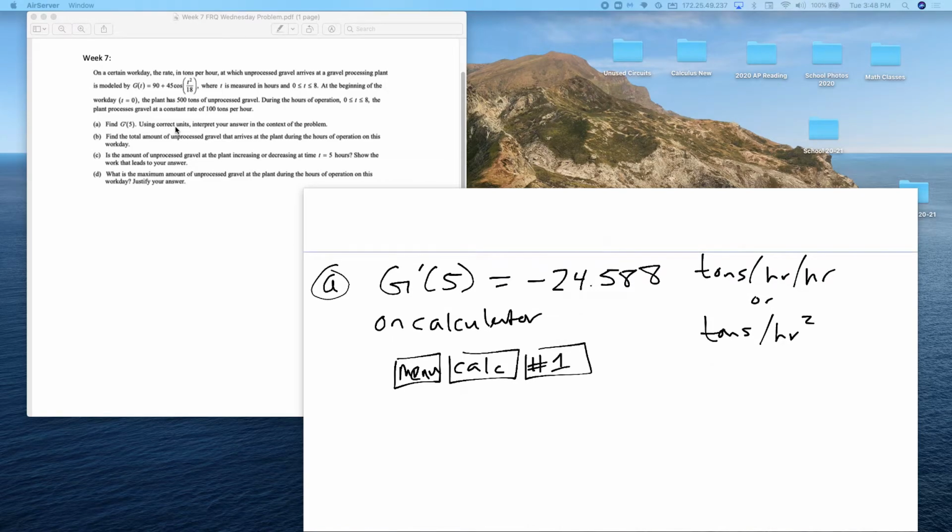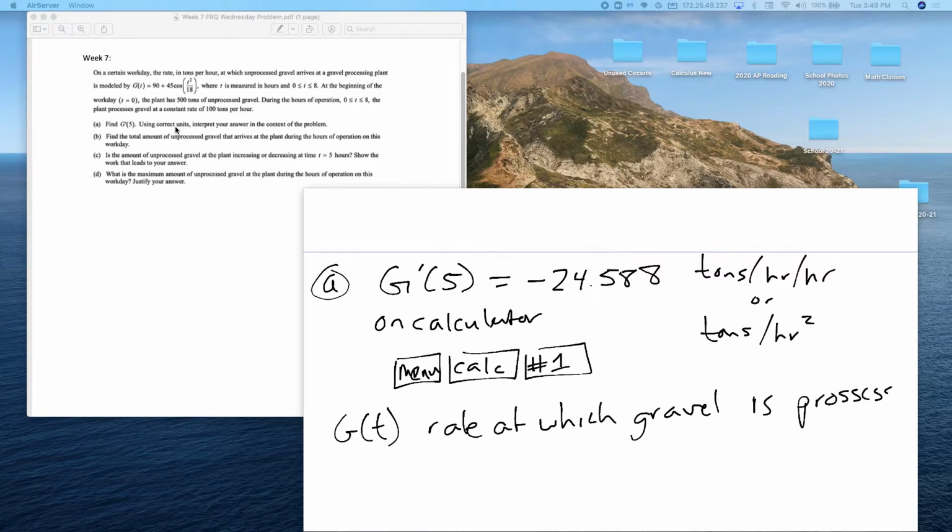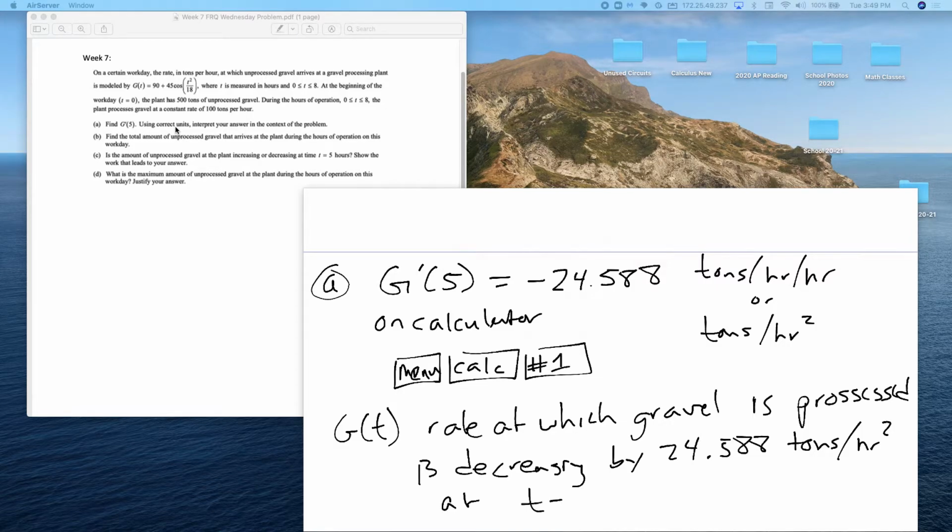If G prime is negative, that means the rate at which gravel is being processed, because that's what G of t is, G of t, the rate at which gravel is processed, is decreasing by 24.588 tons per hour squared at t equals 5.